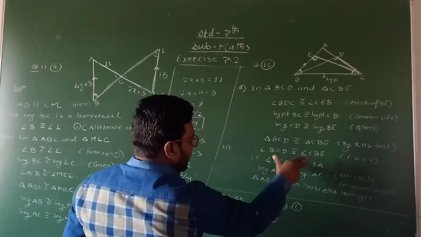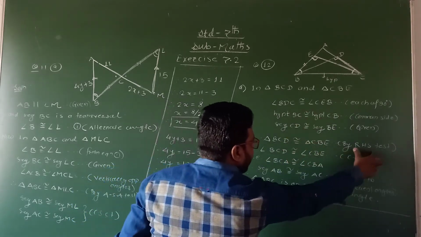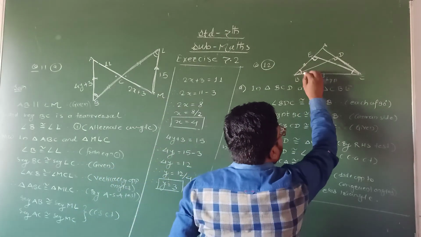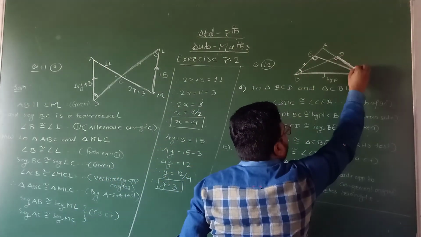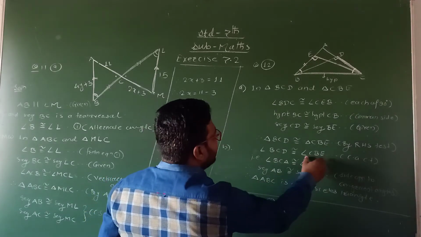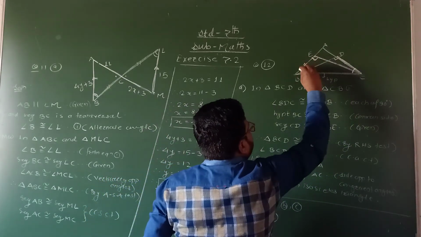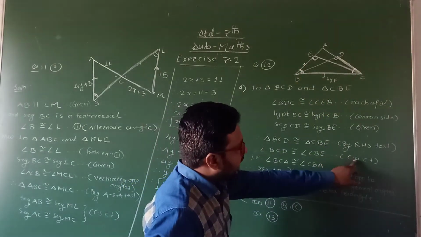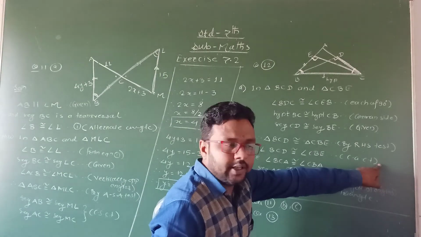These two triangles are congruent by the RHS test. Then angle BCD, where is the BCD? This angle is congruent to angle CBE, this angle. These two angles are equal, corresponding angles of congruent triangles, right?